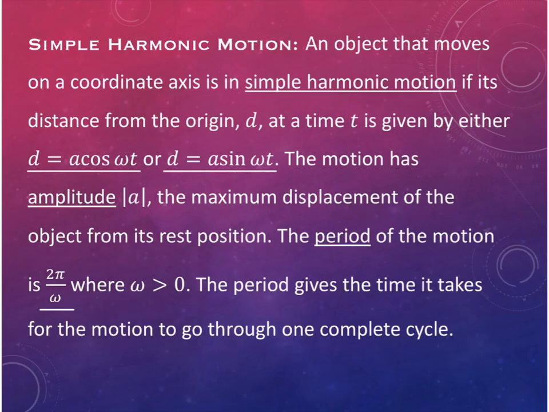The motion has amplitude A. That makes sense from what we've done. We've got something called maximum displacement. The maximum displacement is what the amplitude is from its rest period. The period of the motion is 2 pi over omega, where omega is positive. The period gives the time it takes for the motion to go through one complete cycle.